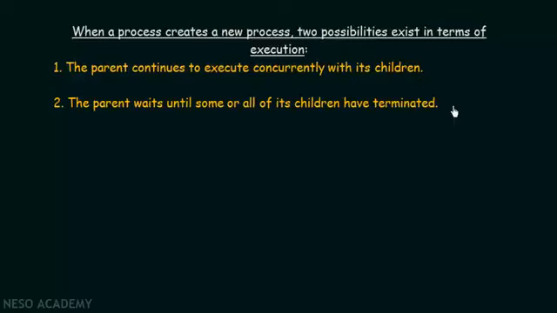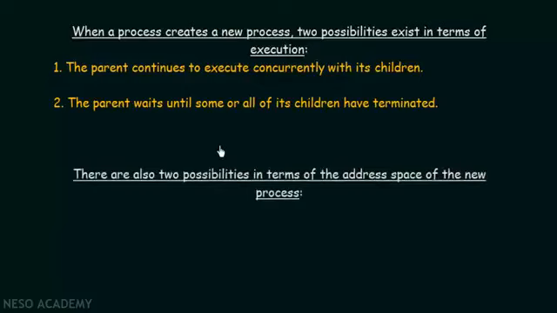So these are also two possibilities in terms of resource allocation. The children can have all of the resources from the parent or some of the resources from the parent. So depending on all those things, the parent can continue executing concurrently with its children, or the parent can wait until some of its children have terminated.